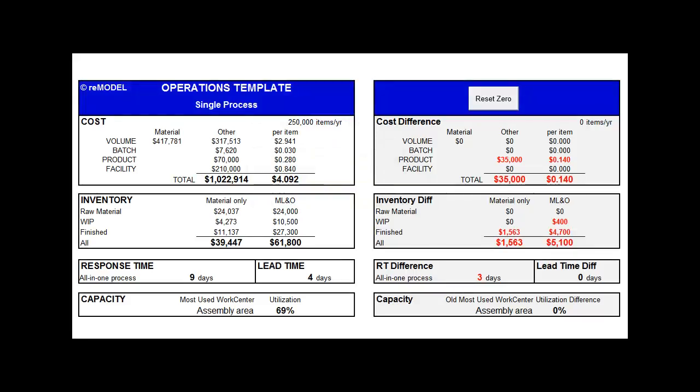Go to the output sheet. You can see that this has the effect of doubling the product related expense, which is one of the overhead categories that we talked about. So we've added some cost, and because we now have a second product that's been made, the response time has increased.